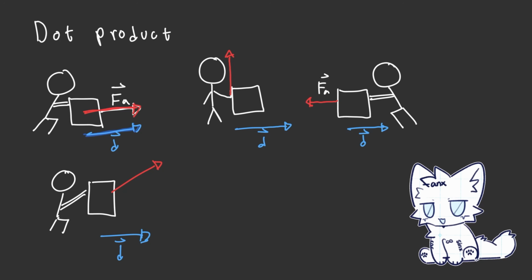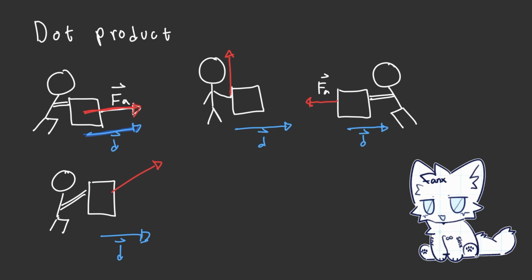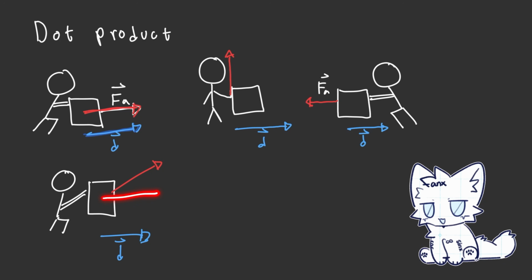You're pushing at an angle, so not all of your force will be converted perfectly to distance. So this is like a less than ideal way to push the box. You ideally want to push parallel to the direction you want to move. Otherwise, some of that force gets lost. This is the idea behind the work equation in physics.